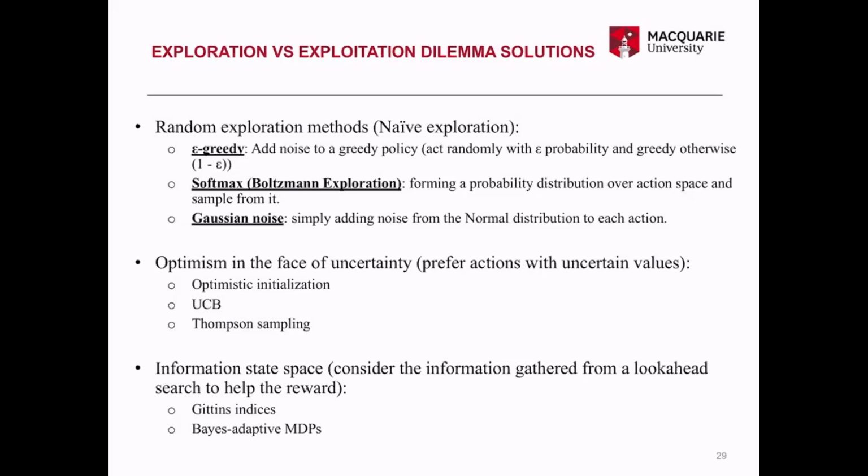In a way, it's more intelligent than epsilon greedy, because other actions will be chosen proportional to their probabilities, and they're not static like epsilon greedy. And the third solution is Gaussian noise, simply adding noise from a normal distribution to each action. Again, this is something that we're going to consider in week 12.